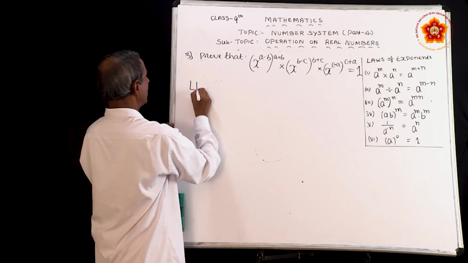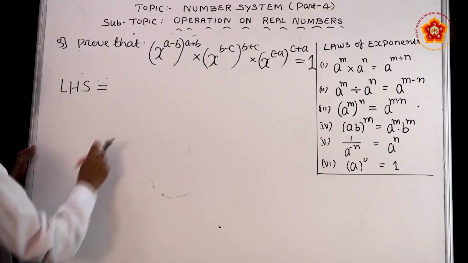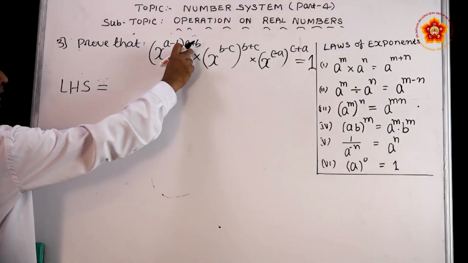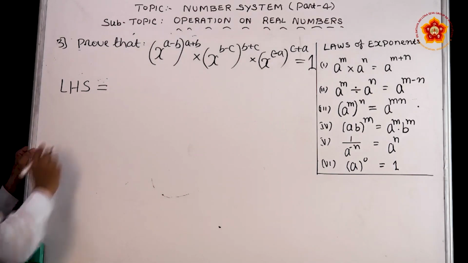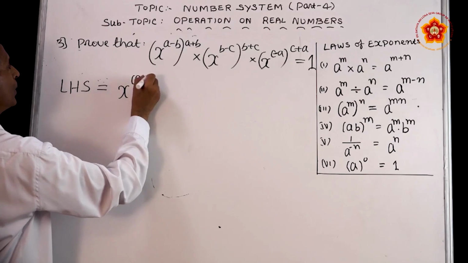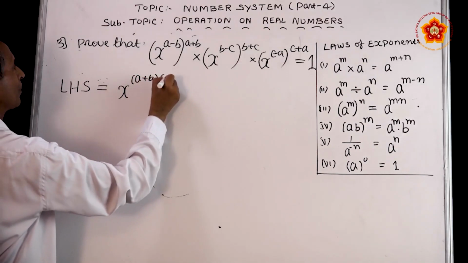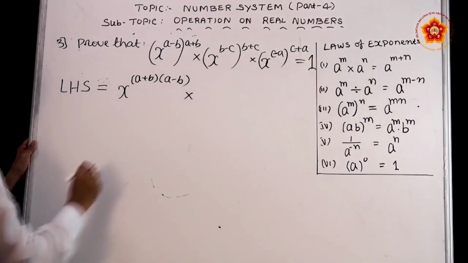Now LHS can be written as: here a plus b is the index, here a minus b is there, we can directly apply the formula. Now we can write it as x to the power of (a plus b) into (a minus b), multiplied by, similarly, the second one.